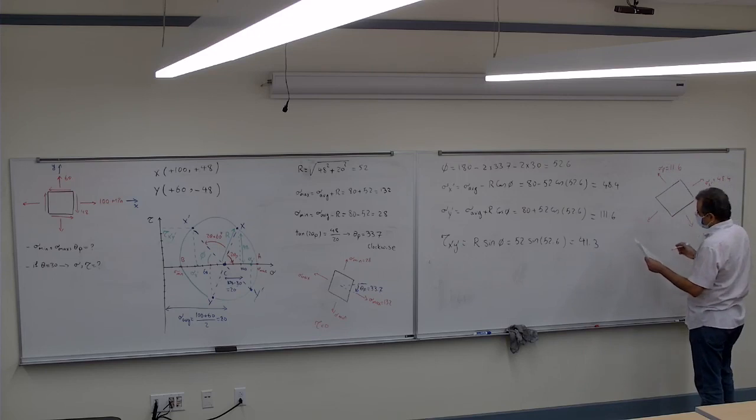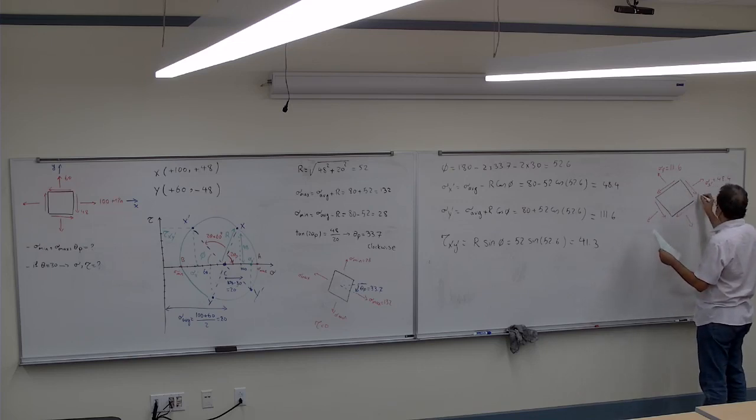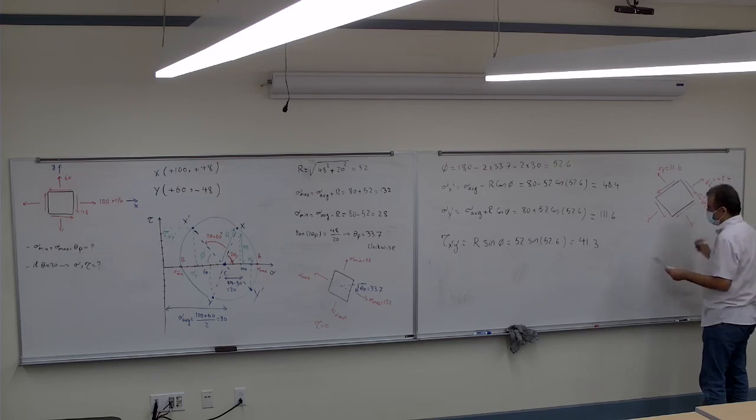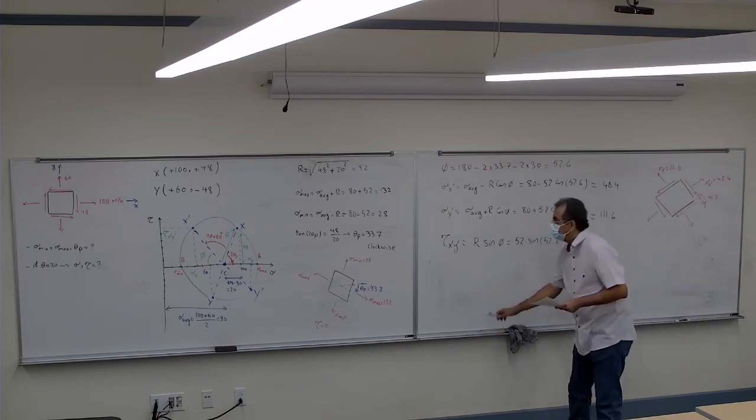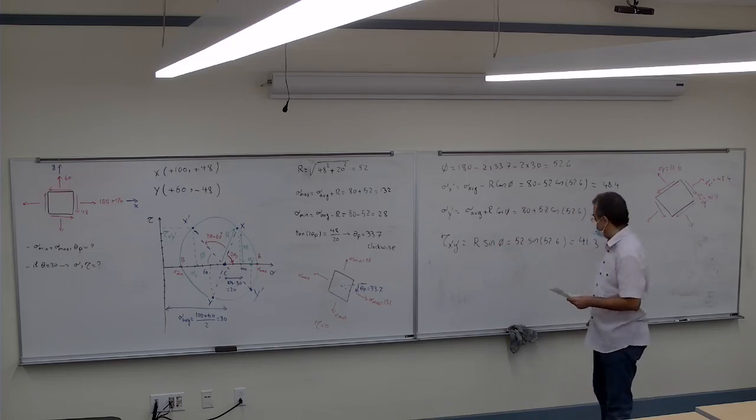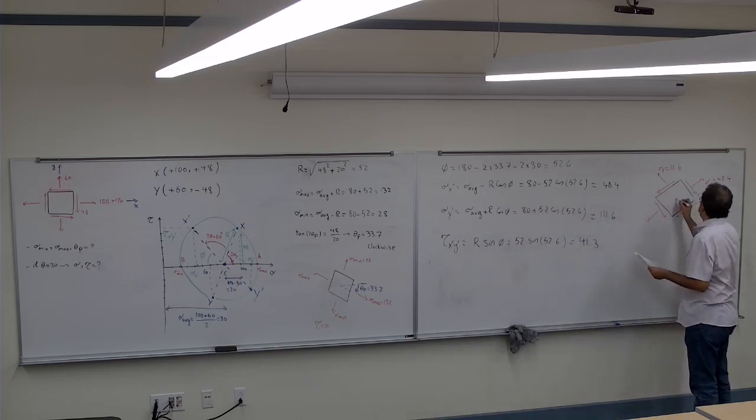And the tau you're going to get like this, because it's positive, so it rotates clockwise, so it's going to be tau x prime y prime, 41.3. And how much is it rotated from the x? 30 degrees, correct? Basically it's rotated 30 degrees.